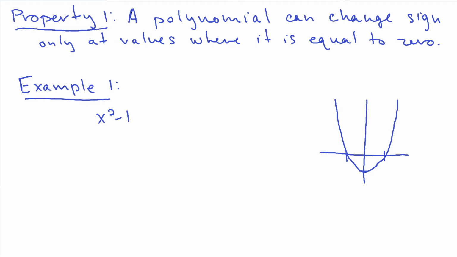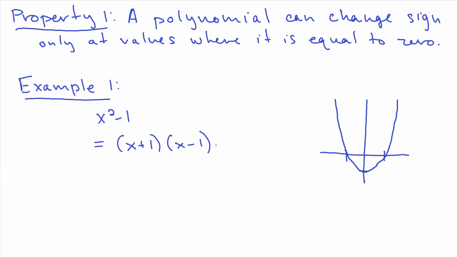Okay, we need a couple of properties. So the first property is that a polynomial can only change sign at values where it is equal to 0. So here is an example to explain why that's true. If I look at the polynomial x squared minus 1, I can factor it as x plus 1 times x minus 1.